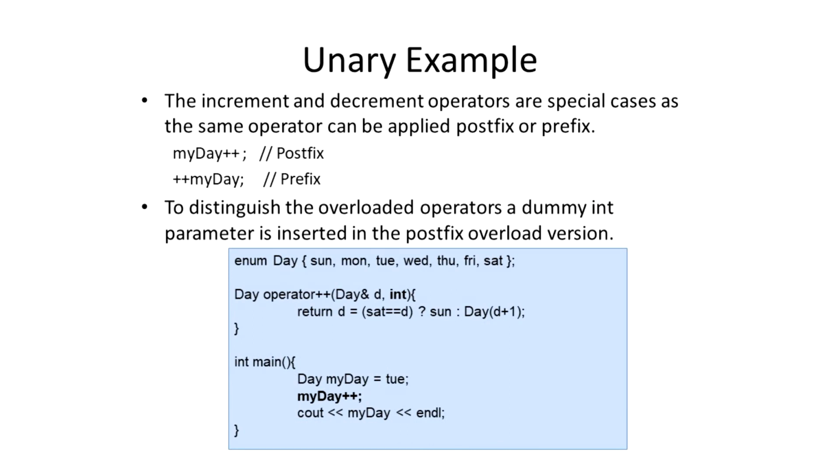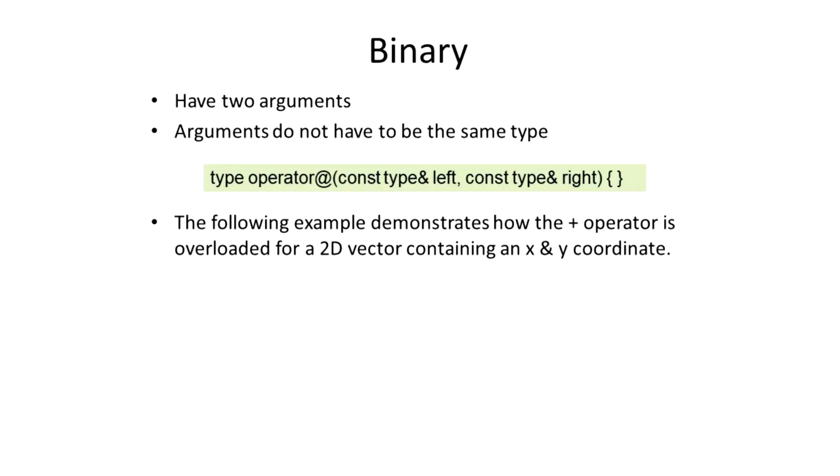It's referred to as a dummy parameter, which can be inserted to act as the right-hand side of the operator, meaning that the reference to the object is then treated as the left-hand side, which brings us nicely onto binary operators, which do indeed have a left and a right-hand side to the operator.